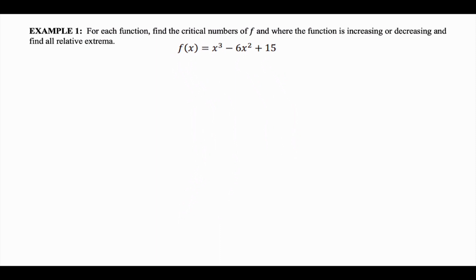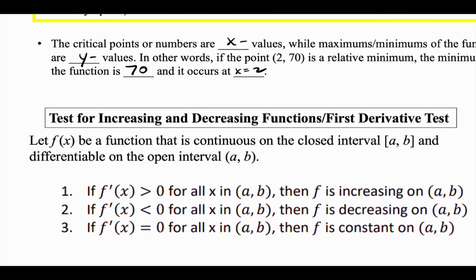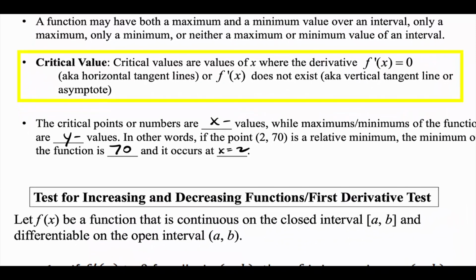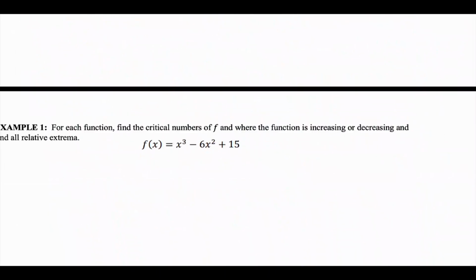So the first thing we're going to do is find the critical numbers. Critical numbers are when the derivative equals 0. So the first thing we have to do is find the derivative. The derivative of f of x is 3x squared minus 12x.